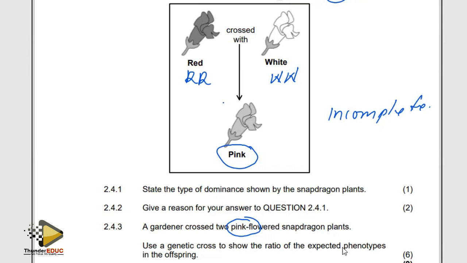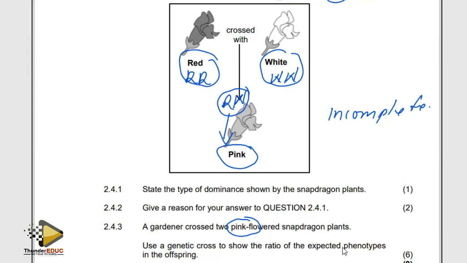So this one is going to produce a capital R, and this one is going to produce a capital W. This crosses with this, you produce this. And RW is an intermediate of red and white, which is pink.